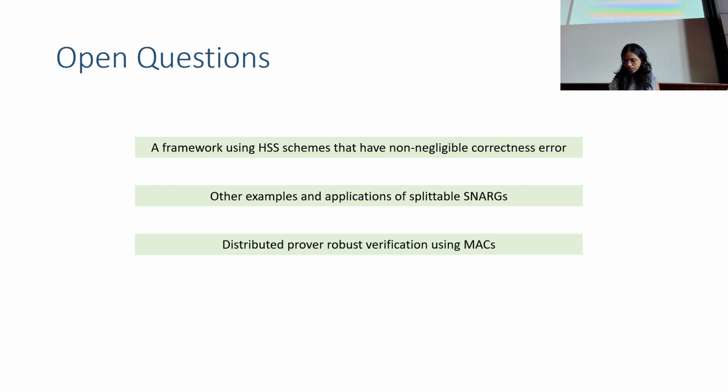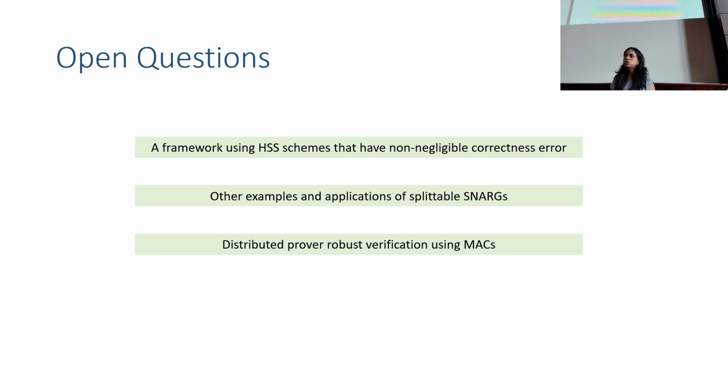And finally, I want to remark that this notion of distributed prover robust verification is just a way to add some sort of verifiability to the individual proof shares that are computed by the servers. And one potential way, the more traditional way to do this, is using MACs.